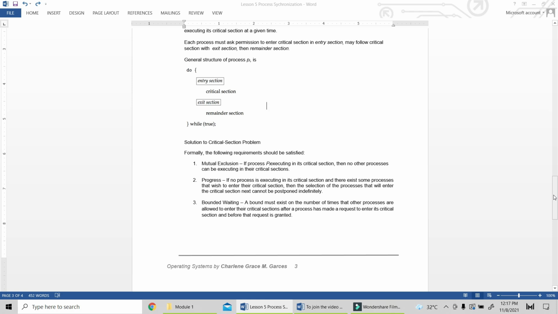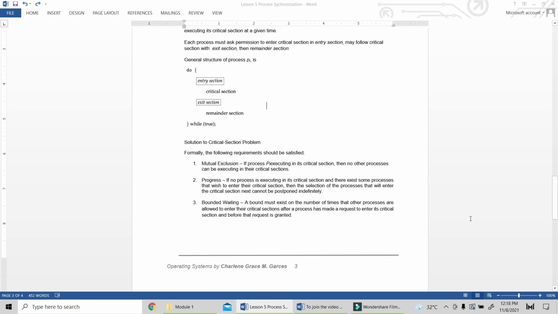We call it critical because it is very important for us to be able to get our processes synchronized. But we have to satisfy these three following requirements: mutual exclusion, progress, and bounded waiting.